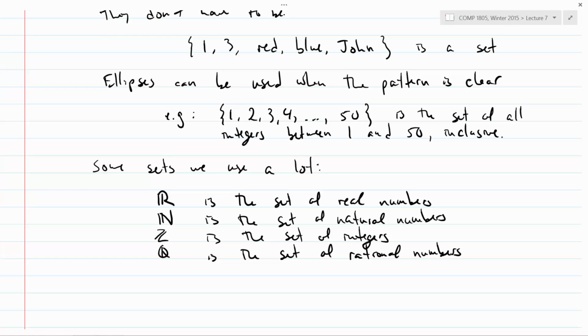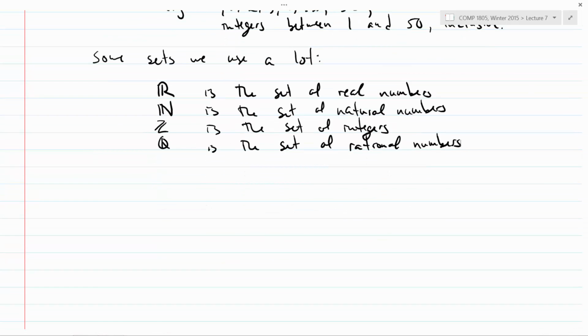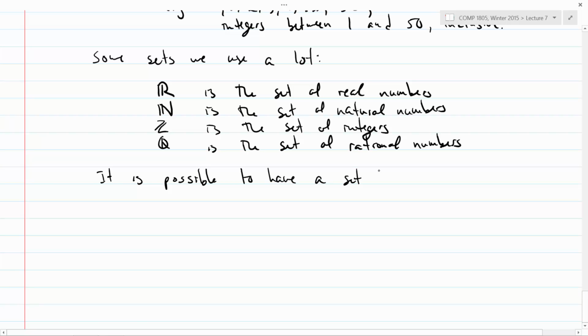It's possible to have a set with no elements. And if you wanted to do that, you would write curly braces with nothing in them. And that means it's a set that has exactly 0 elements in it.